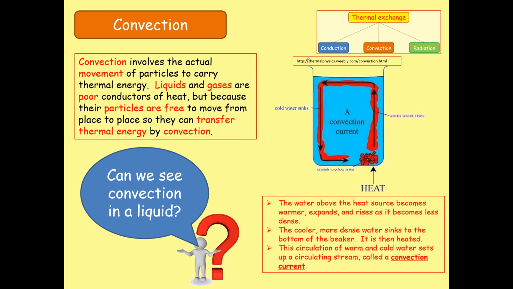Moving on, we have the second mode, which is convection. We have discussed conduction, and we have discussed what insulations can be, right? Now we have this mode of thermal exchange, which we call convection, in which we don't have electrons being responsible for the exchange of thermal energy.